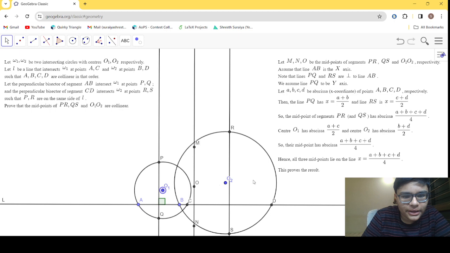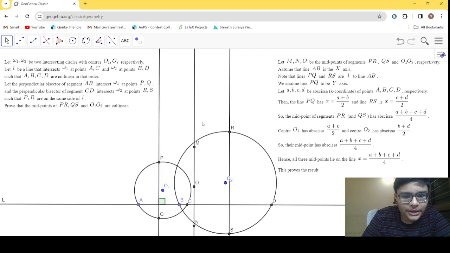Okay. So there's one thing to notice here. This line L is perpendicular to the perpendicular bisectors, right? The PQ and RS lines. So it's very comfortable for us to choose the ABCD line as the x-axis for our coordinate system and the PQ line as the y-axis. We can also choose RS as the y-axis.